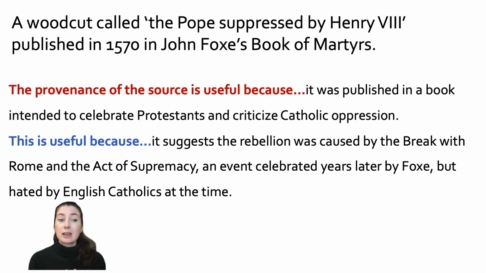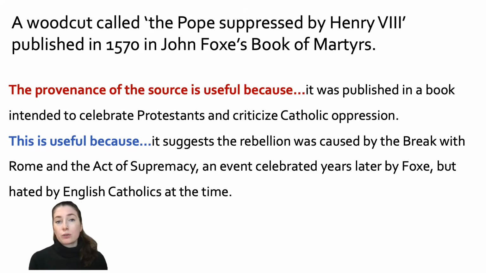And he is suggesting that this moment was pivotal in the progression of religion in this country. I can interpret that, I can take that and say, actually, that's really useful to me in learning about how people of the time saw this event and therefore saw things like the rebellion that followed.